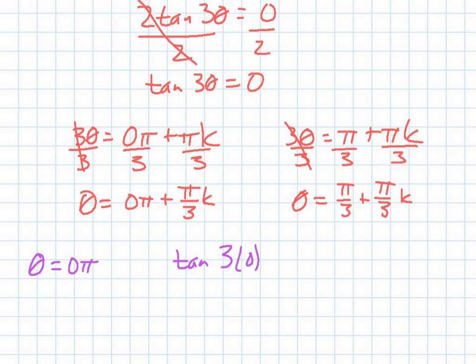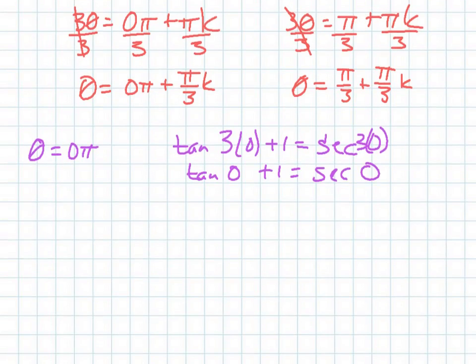So when I plug in tangent of 3 times 0 is tangent of 0, plus 1, and I get secant of 0, okay?